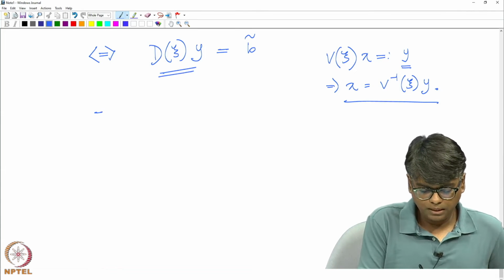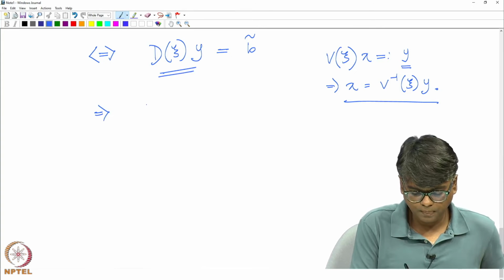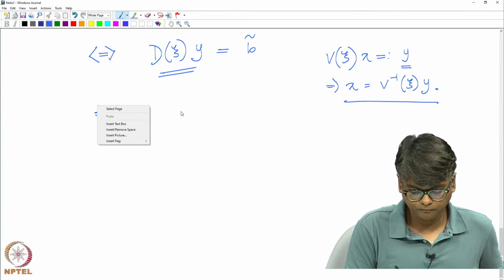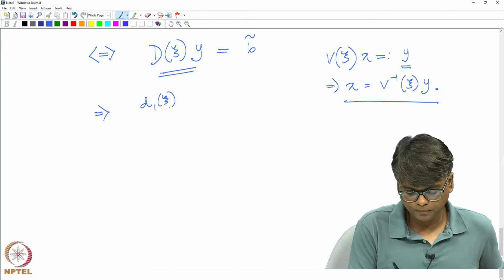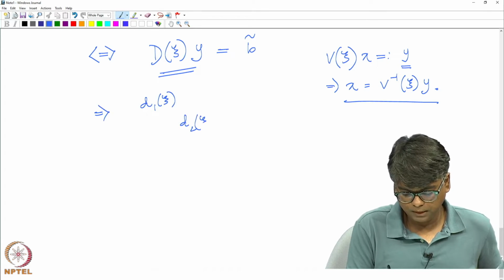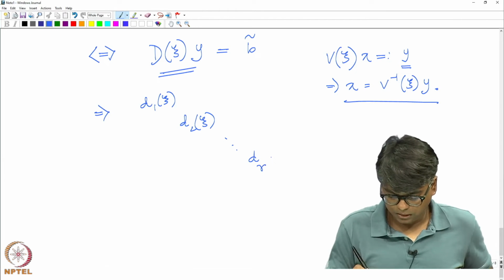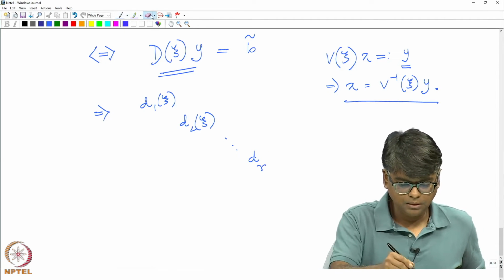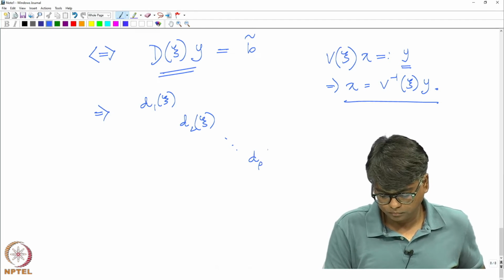Now look at the equation for y. How does the equation for y look? How does D look? D looks like d1(ξ), d2(ξ), up to d rho, I should use a different letter, what should I use? Rho.